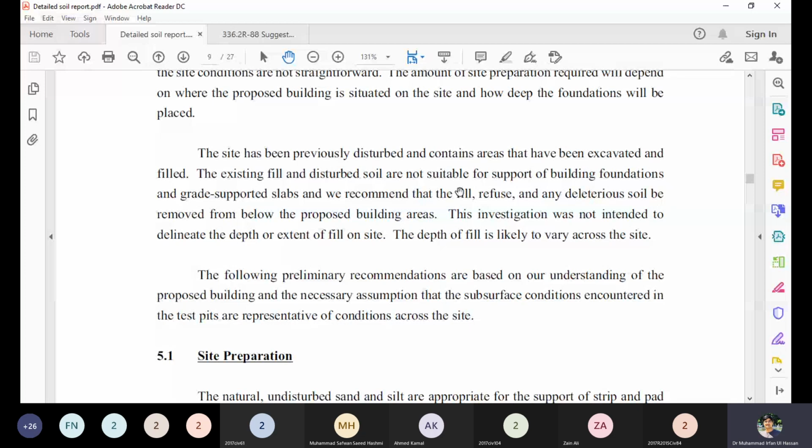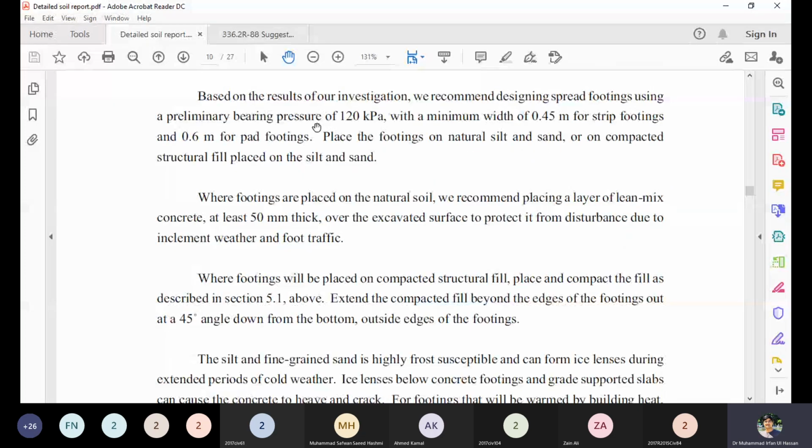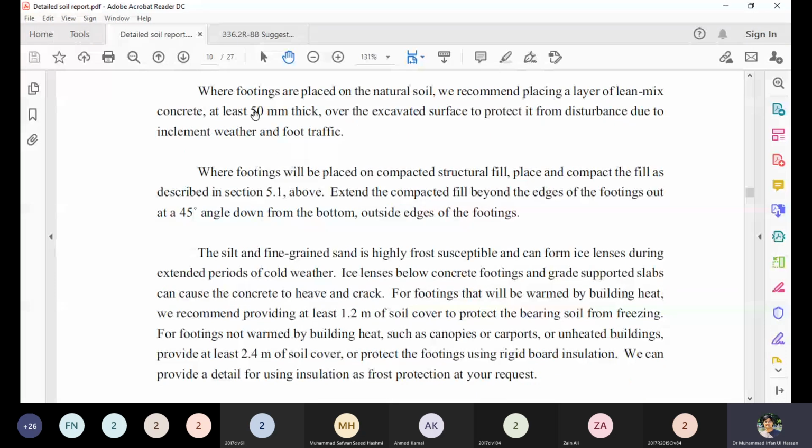So there are different foundation designs: for the footing, a preliminary bearing pressure of 120 kilopascal, the width of the footing is suggested, and a pad thickness of 0.6 meter for pad footing is suggested.